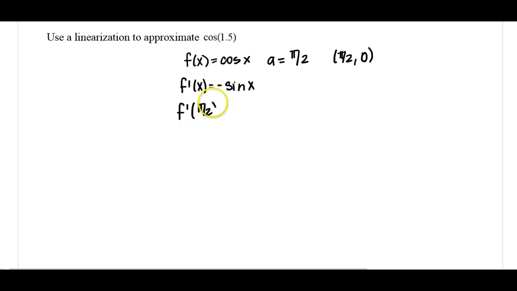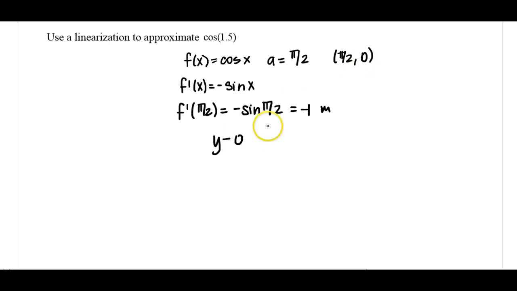So if I substitute in pi over 2, I get negative sine of pi over 2, and sine of pi over 2 is 1, and there's that negative in front. So my slope, my m value for my tangent line, is going to be negative 1. So my tangent line is going to be y minus 0 in this case.